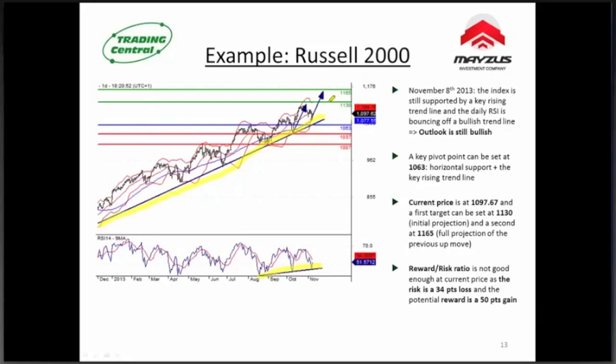So the reward-risk ratio is not interesting, and the potential loss is too important. So despite the fact you have a lot of bullish arguments, from a money management point of view, you can't enter a long position. It is important to keep this in mind.